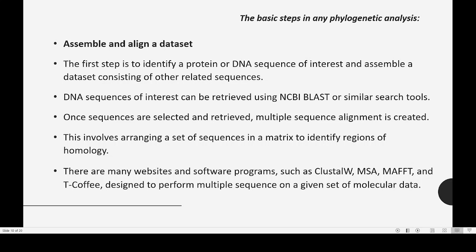and based on that we will be getting some of the closest sequences, and these closer sequences are also taken. Then we will be doing a comparison, and that comparison is normally done by a process known as multiple sequence alignment. There are a number of software for that: Clustal W, MSA, MAP, T-Coffee.